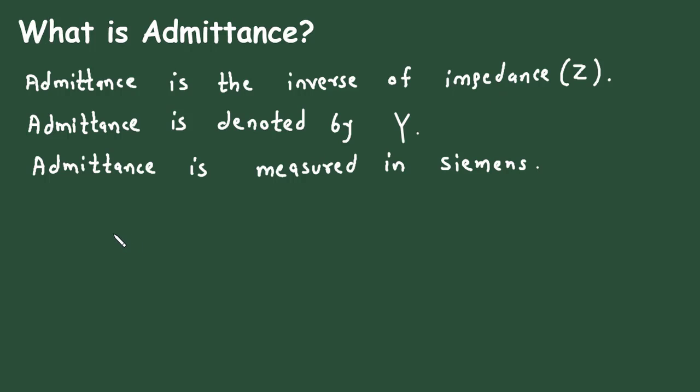So admittance is the reciprocal of impedance, that means it is 1 upon Z. So this is called admittance, which is the reciprocal of impedance.